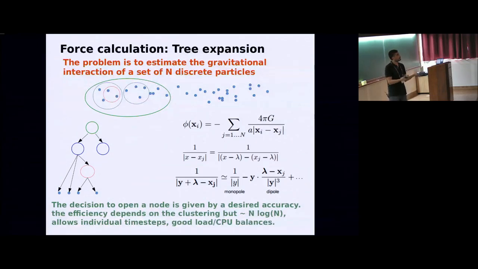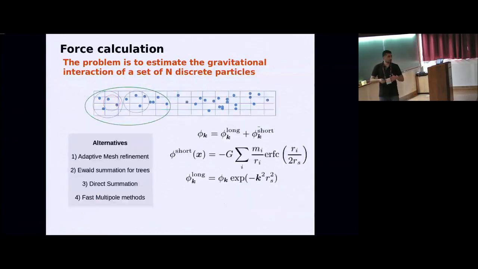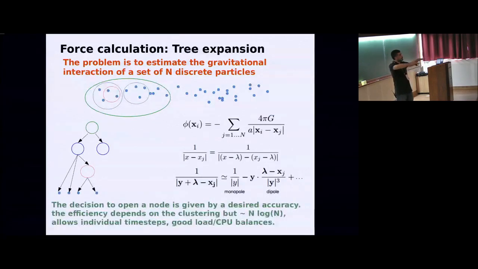It also has the advantage that you can now have individual steps. For the particle mesh, you always have to have a single global step because the calculation of the force involves all the particles and it gives you acceleration everywhere. In this case, you can compute the force only for the places that you're interested in. It has other problems, though. For instance, when you have a very smooth mass distribution, now you rely on a very accurate cancellation of forces.